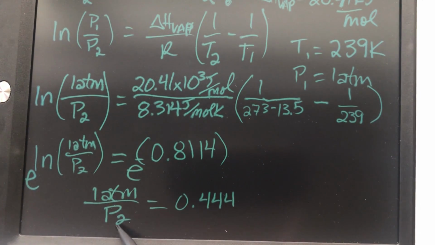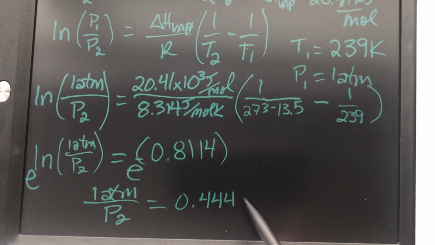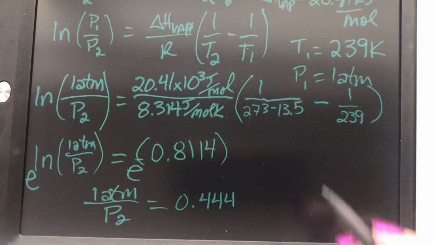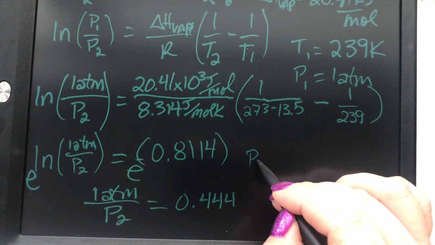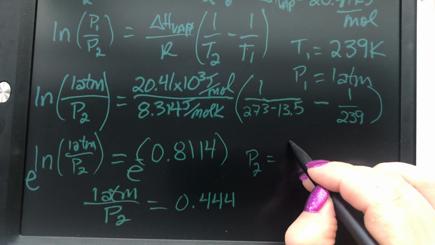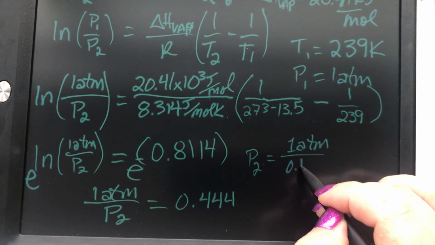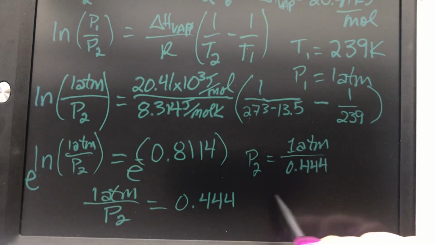So now we just have to rearrange to solve for P2, right? So we can multiply P2 over here and then divide 0.444 over on the other side, right? So we have P2 is equal to 1 ATM divided by 0.444.